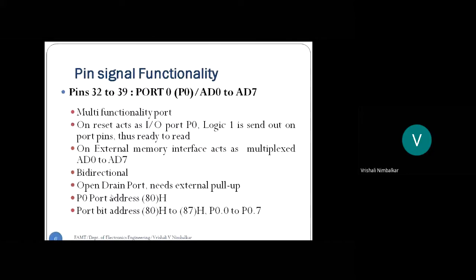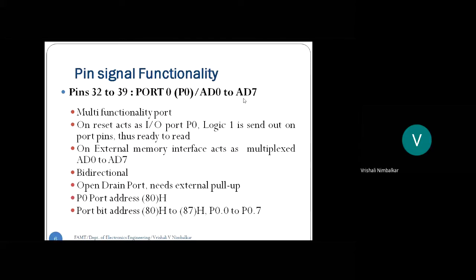And the next two points: the port address is 80 hex, the P0 address is 80 hex, the bit addresses are 80, 81, 82 to 87 hex, and the bit access is P0.0, P0.1 to P0.7. So pin numbers 32 to 39 are dedicated to port 0 along with address data lines.